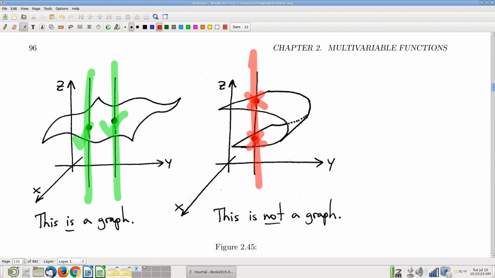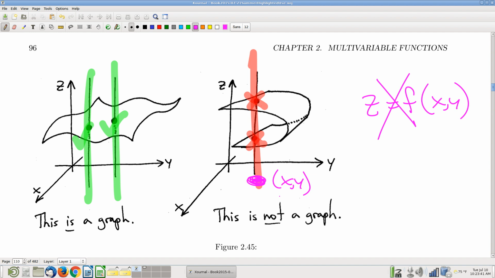In other words, I cannot have z be a function of x and y, because if I did, that value of f of x comma y would have to be 2 different numbers for this x comma y. And a function cannot take 2 different values. Okay, so that's all the new material in this section. Everything else is just examples.